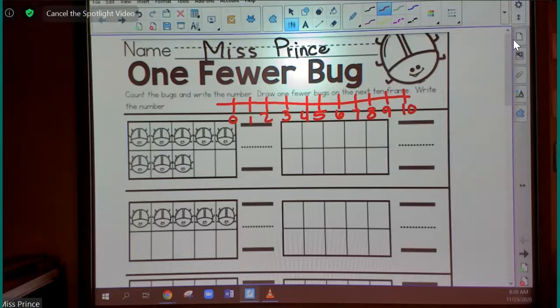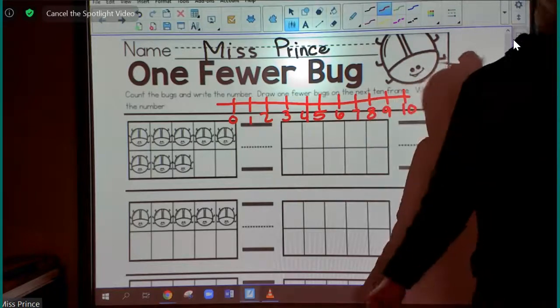Okay, about 10 more seconds, and then we're going to get started on the first one. All right, 4, 3, 2, 1, 0. We're going to get started.